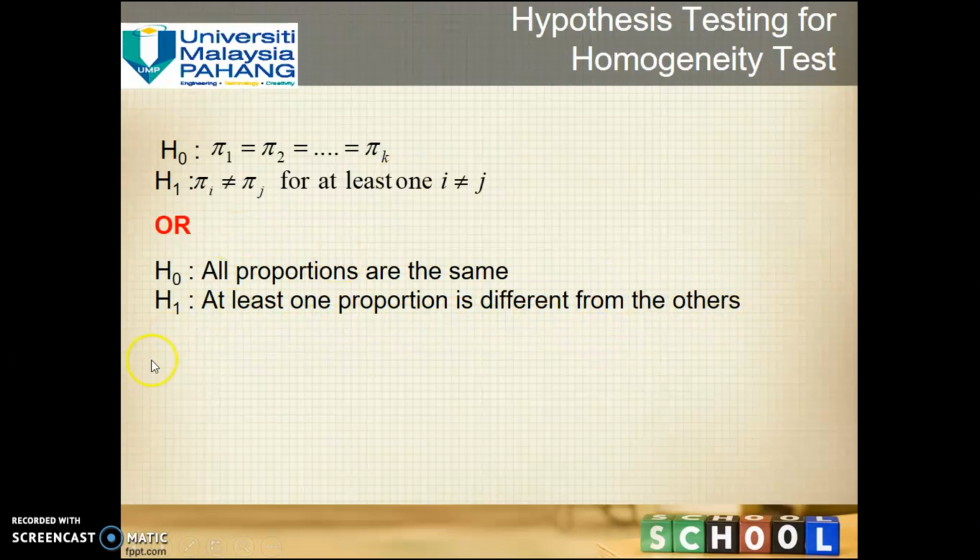Why do I say this one is safe for you to use? If you choose the number 1 here, you have to know whether you are comparing the row variable or the column variable to know how many pi you should write. If we have the same number of categories for the row and column, then you are safe.